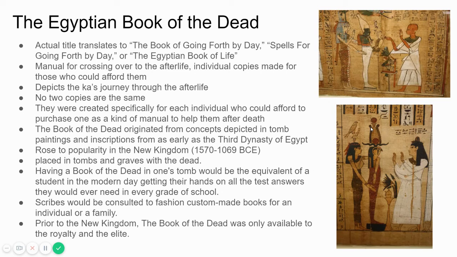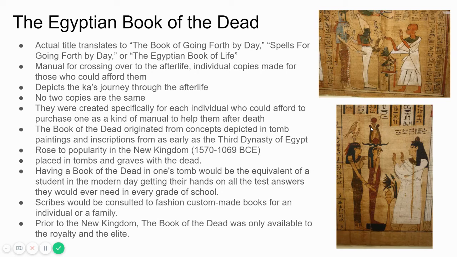Okay. We know that those that were able to afford it and had one of these made up, that they were made by scribes. So that was another duty that a scribe would have, to make these kind of custom maps.